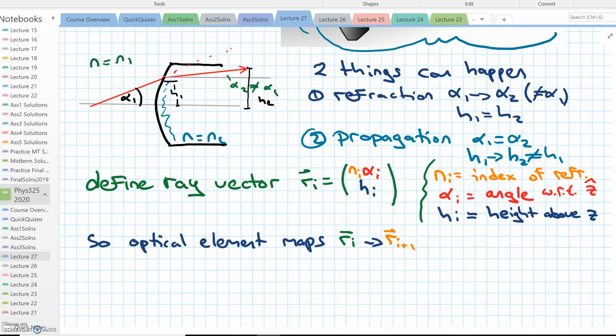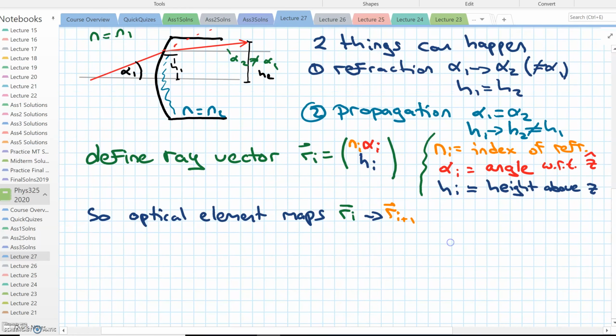Refraction, Snell's law, in the paraxial approximation turns out to be linear, and straight propagation is linear. Anytime we have a linear mapping between these two-dimensional vectors, we can represent that as a 2x2 matrix. So we're going to look for a matrix to map the two. This is exactly the same kind of reasoning as we used to simplify things with the Jones vectors when we did polarization.